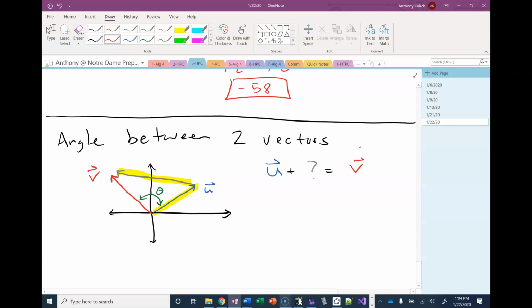So the picture we've drawn there is a vector addition. So what is the gray vector's name? Just v minus u. Everybody okay with that? So that's the name of the vector. Yep.